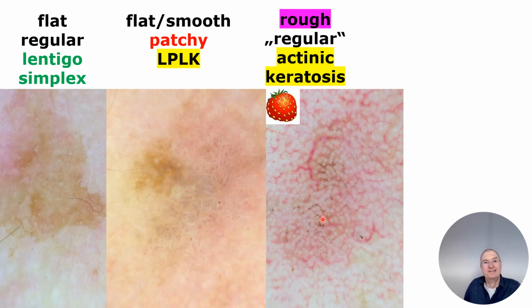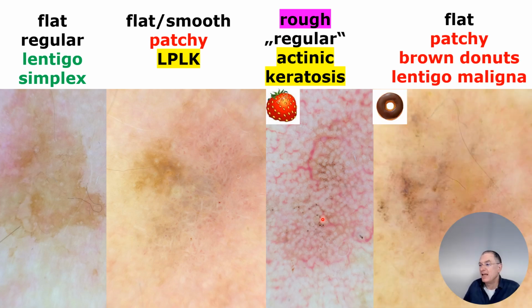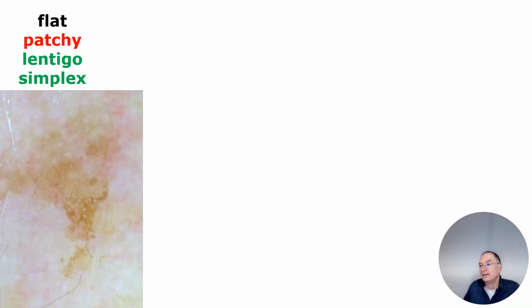We know actinic keratosis. Patchy, brownish donuts, melanophage. Is this a lichen planus like keratosis or not? I'm not sure, but brownish donuts, that means tricky, a little bit patchy. Are these brownish donuts?